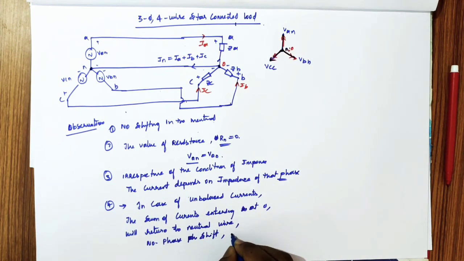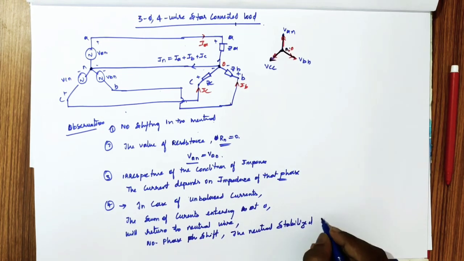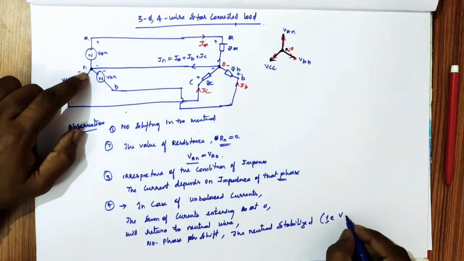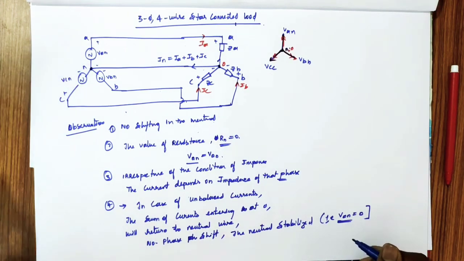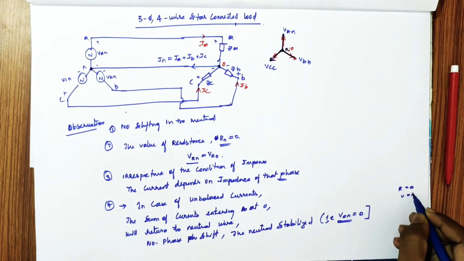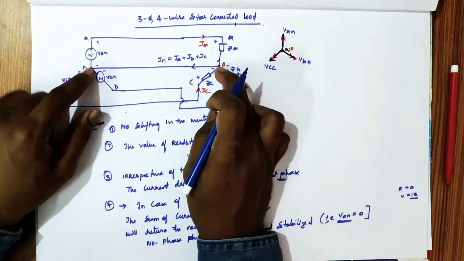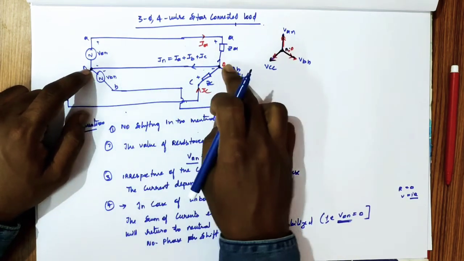So this way we say that the neutral is stabilized. Stabilizing the neutral means the voltage across this, VON, equals 0. Since the resistance R equals 0, V equals current I into R, so whatever the current may be, we don't have any voltage here. Since the voltage is 0, the neutral is always stabilized with the source neutral.